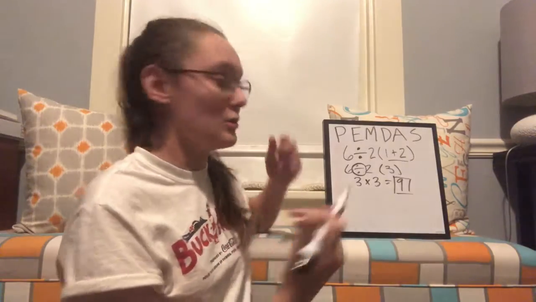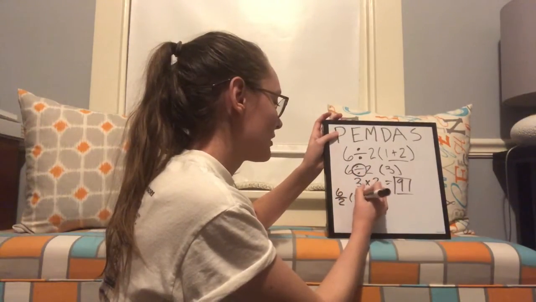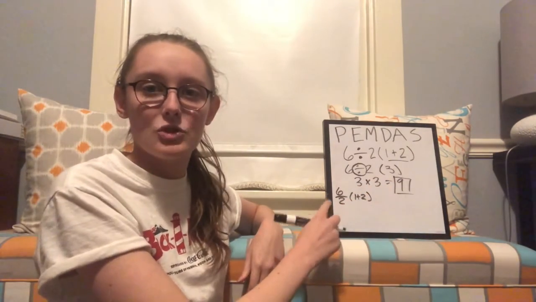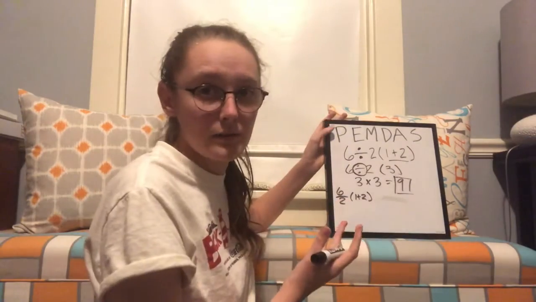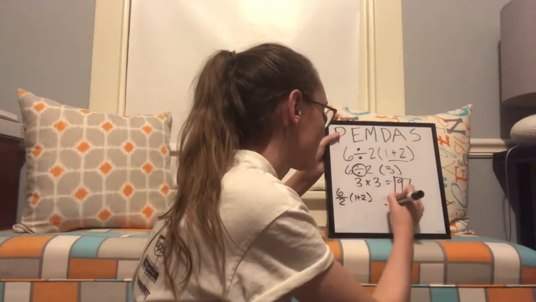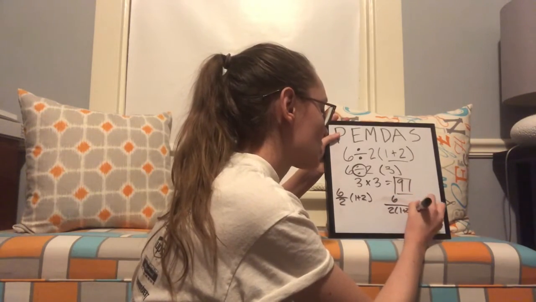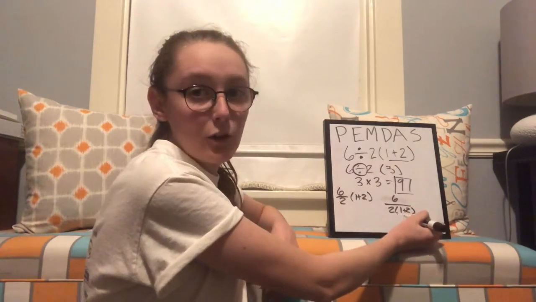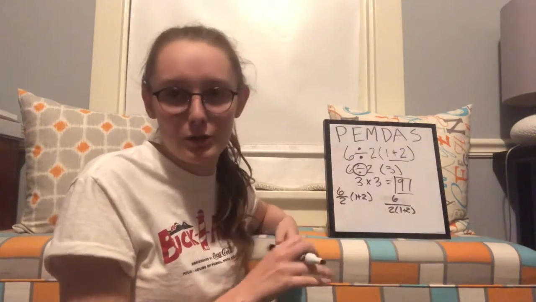And so that way you either have 6 over 2 times 1 plus 2, so you know that the 6 is just dividing by 2, and then you're multiplying. Or you have 6 divided by 2 times 1 plus 2, and then you know that this whole thing gets multiplied together first, and then you divide 6 by it, and that way you eliminate any sort of confusion.